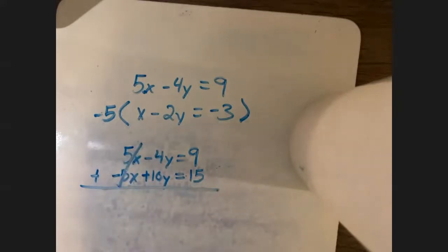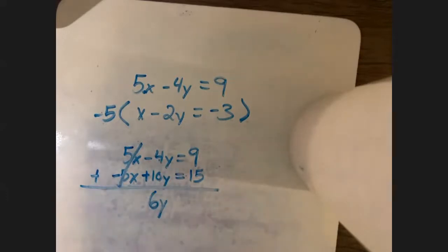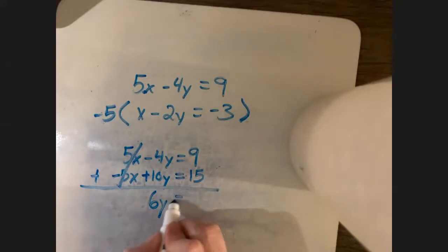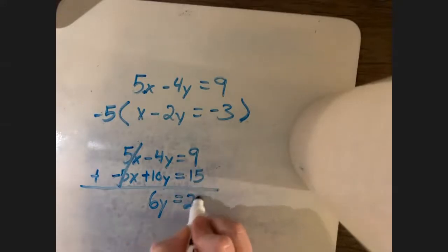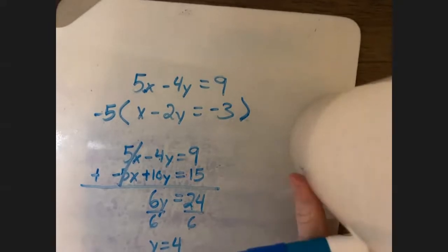That's the whole point. Negative 4 plus 10 gives me 6y. 9 plus 15 is 24. Dividing by 6, I get y is 4.